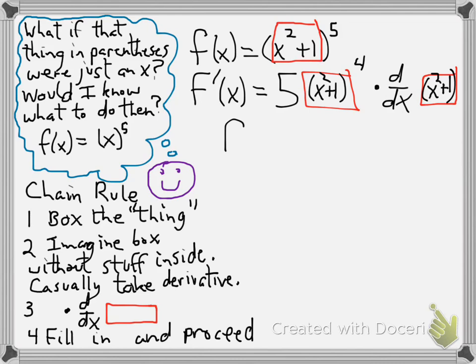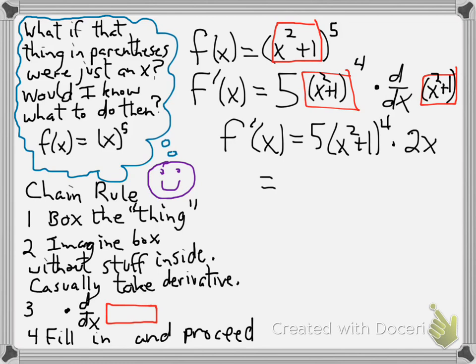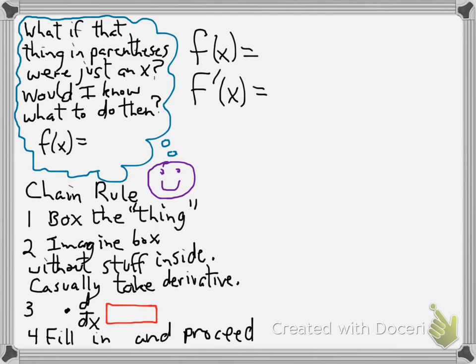And so then f prime of x equals, we'll still say 5 times (x squared plus 1) to the 4th, times, then the derivative of x squared plus 1 is 2x, so we say times 2x. An answer key might rewrite this, take the 5 times the 2x, and say 10x times (x squared plus 1) to the 4th. Let's do another one.